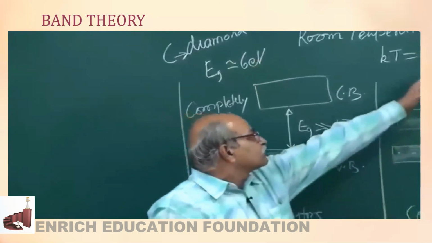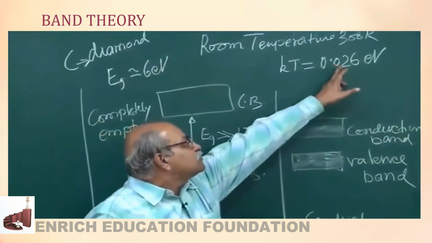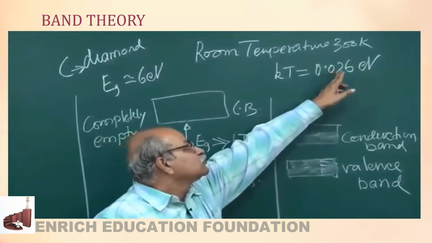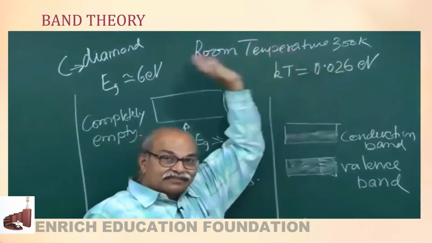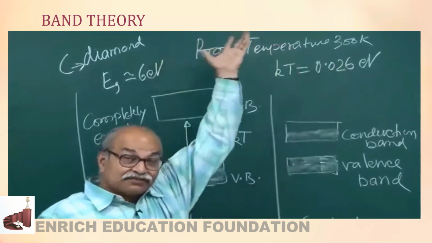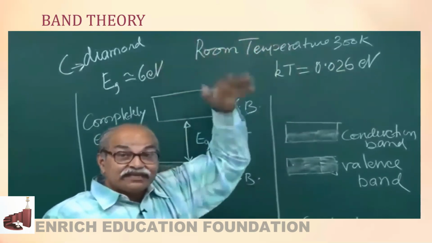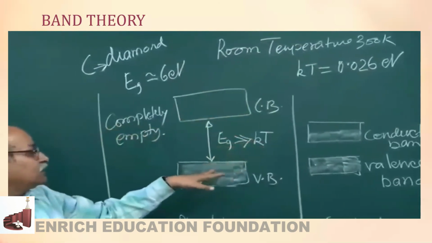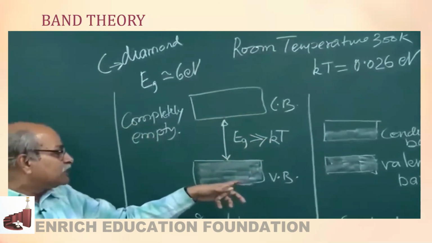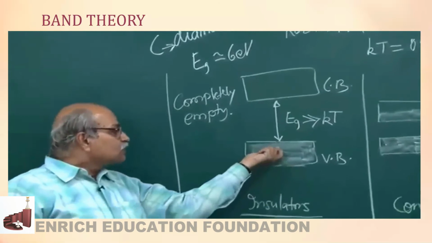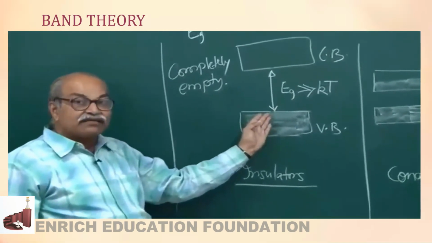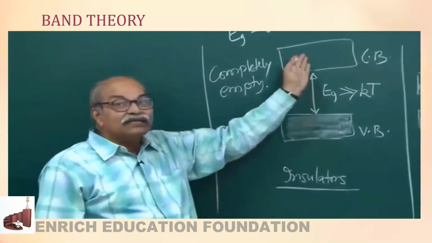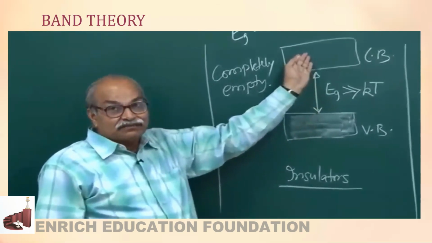Compare: 10 times kT will be 0.26, 100 times will be 2.6, and this is 6, so several hundred times kT. It's a large gap. So if I ask, is there a significant probability of an electron in this valence band taking up thermal energy from the lattice and moving to this?